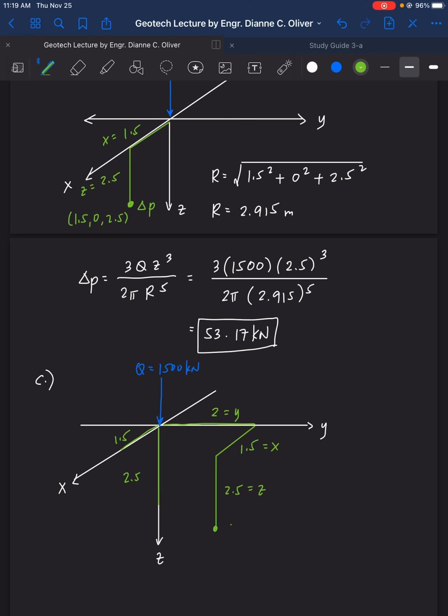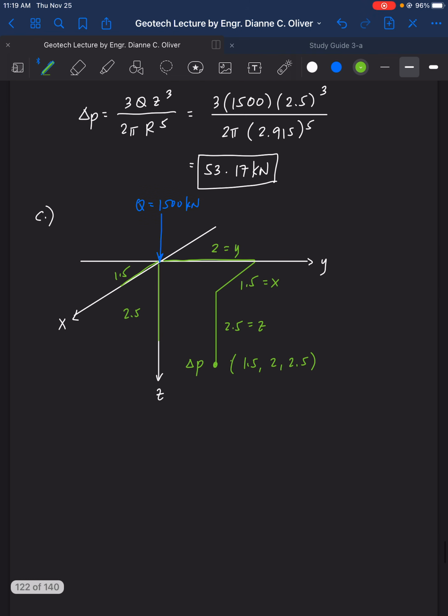So this is our delta P, and the coordinate here is 1.5, 2, 2.5. Okay? So we can now find the value for R. R actually is this one. It's the radius.